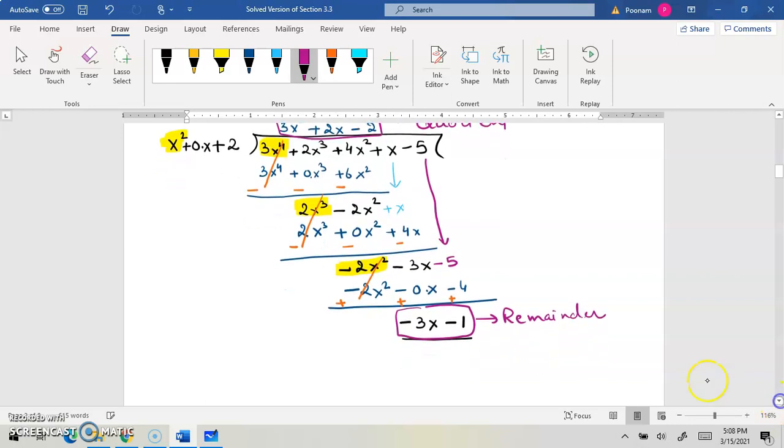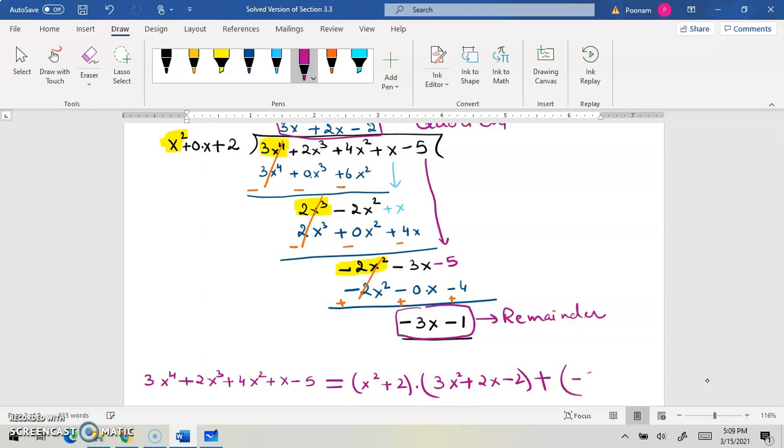We can write our polynomial, which is 3x raised to power 4 plus 2x cube plus 4x square plus x minus 5 is equal to the divisor, which is x square plus 2, times the quotient, which is 3x square plus 2x minus 2, plus the remainder, which is negative 3x minus 1.